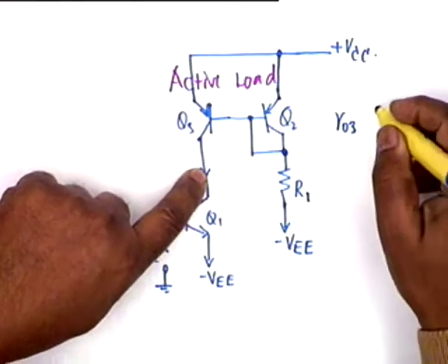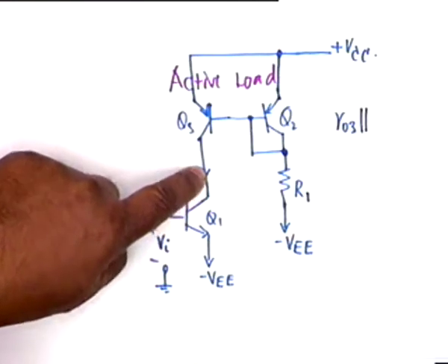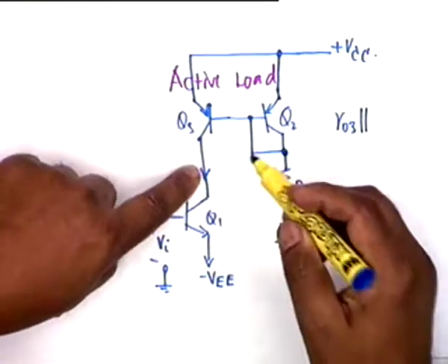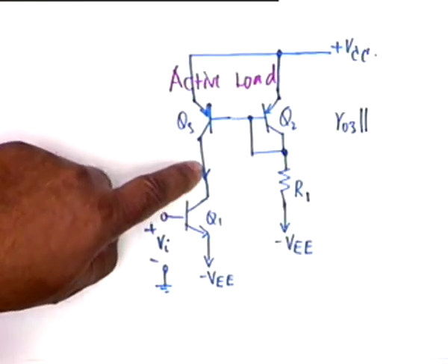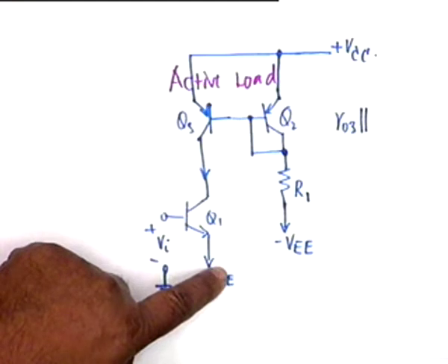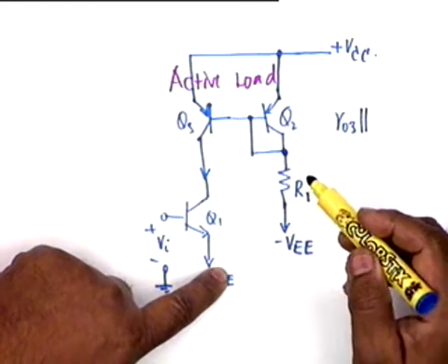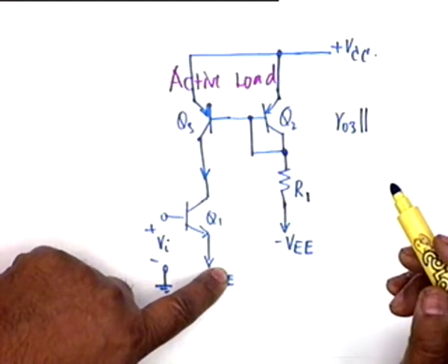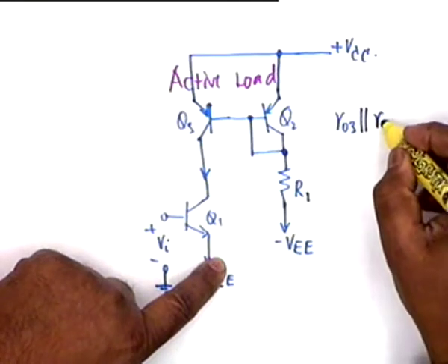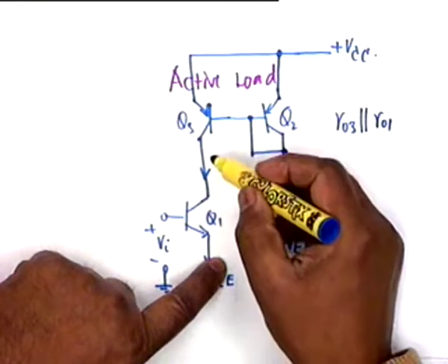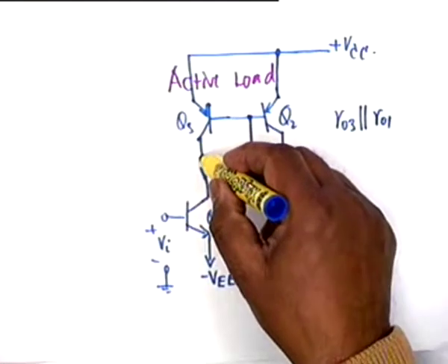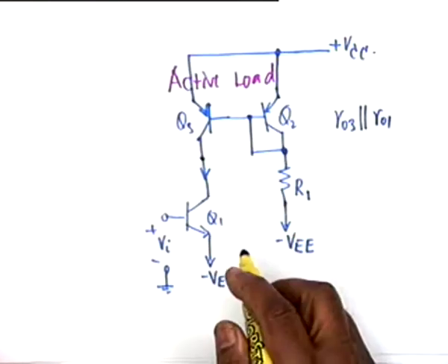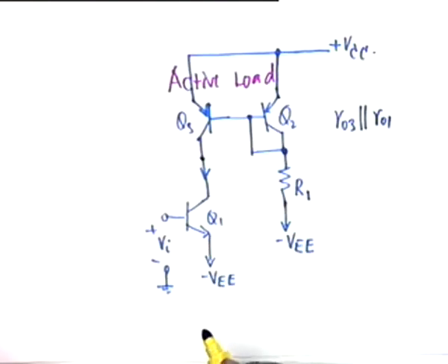There would also come in parallel, no, not R02. This point is not connected here. No, R pi also will not have it. The load from here to ground, R01 plus R02, not plus, it will come in parallel.